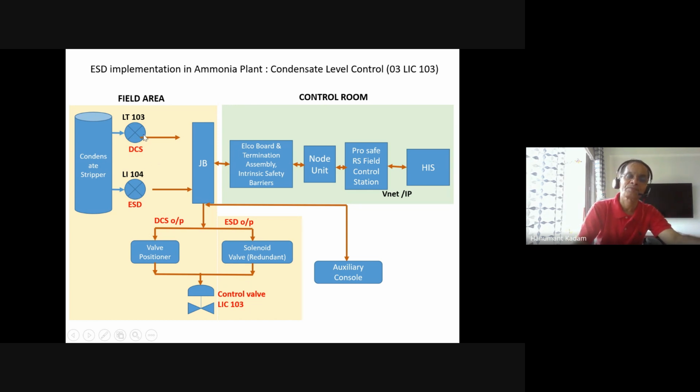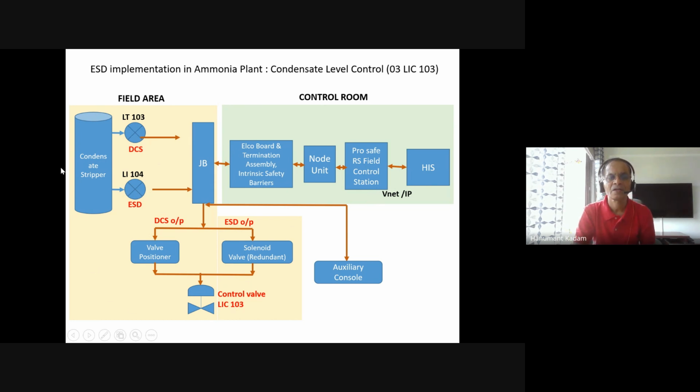One is controlling, and this loop is going to the DCS, and this loop is going through a critical system, the emergency shutdown system, a very special category of system. We'll discuss it at a later stage, but we will take this input to the Yokogawa DCS. You can see JB to Elco board, node unit, then process I/O, field control station and HIS, VNet like this.